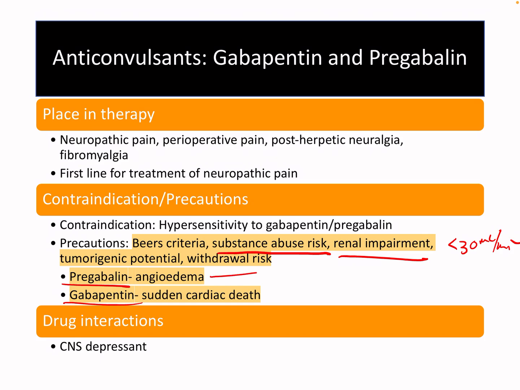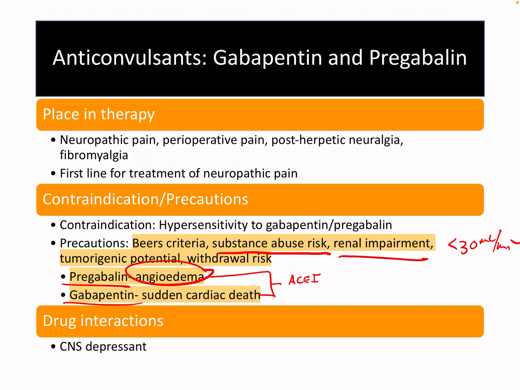Though there are no specific recommendations regarding treatment, other than for pregabalin and the angioedema, if you are somebody who has had angioedema associated with ACE inhibitors or other agents, you might want to avoid it. Both have been associated with a tumorigenic potential, as patients have developed tumors while on therapy. It is something that you would want to monitor for.